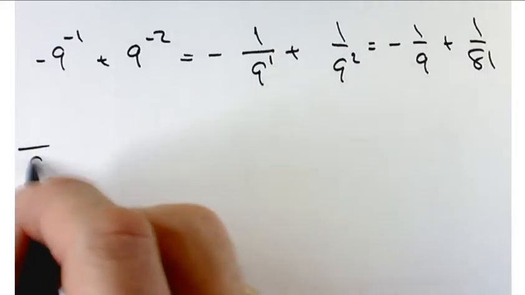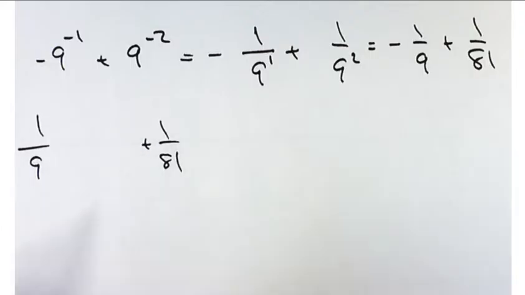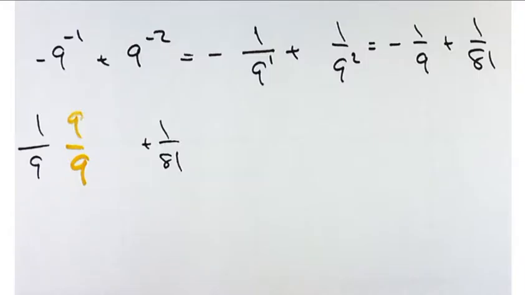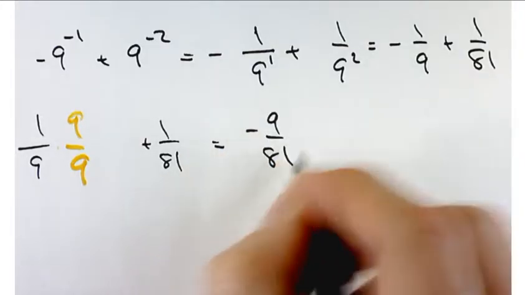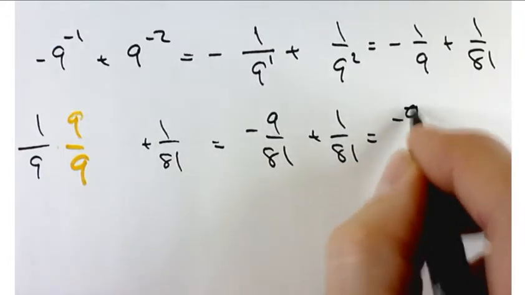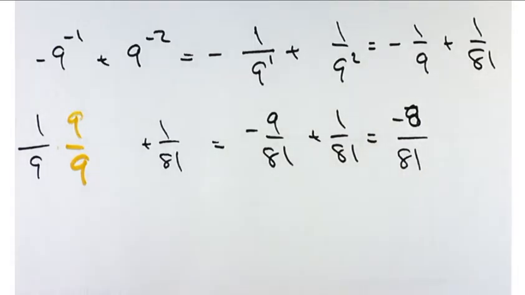Common denominator for these would be what? 81. So to get that common denominator, I'll multiply here by 9 over 9. Effectively, I'm multiplying by 1. So that gives me negative 9 over 81 plus 1 over 81 for a total of negative 8 over 81.